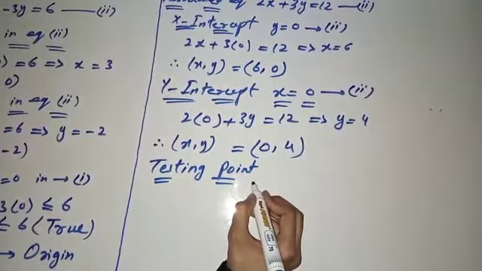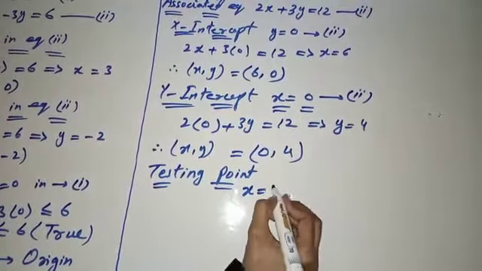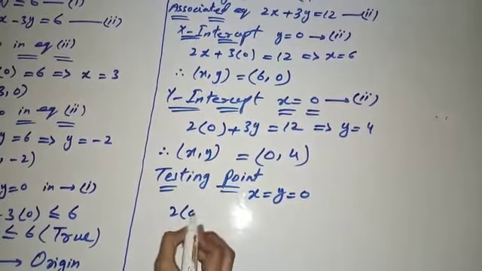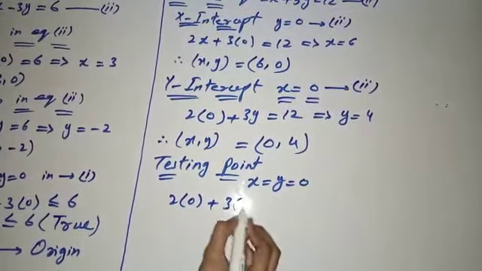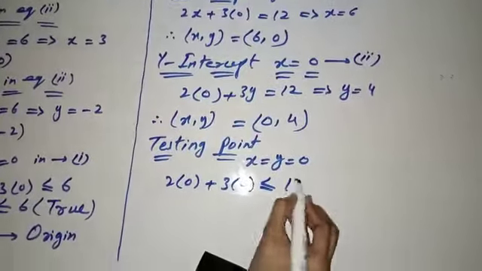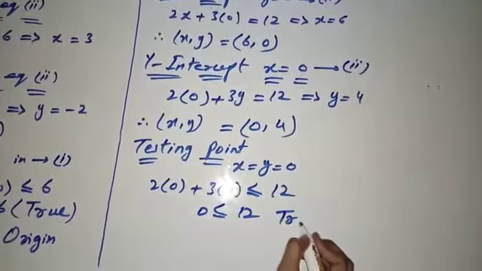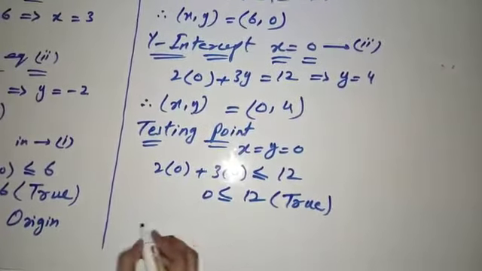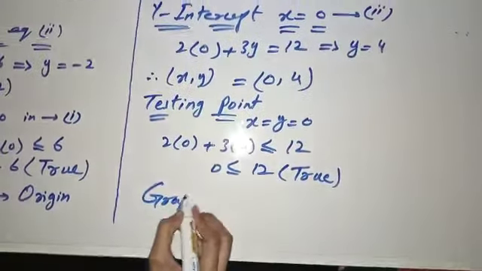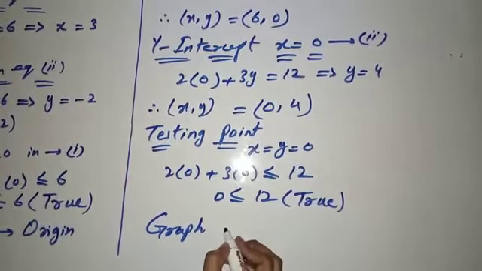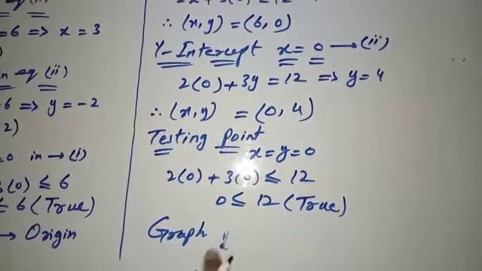Testing point, put x equal to y equal to 0. 2 into 0 plus 3 into 0 is less than or equal to 12. 0 is less than 12, so the solution is true. So the graph of this linear inequality expression is also towards the origin.